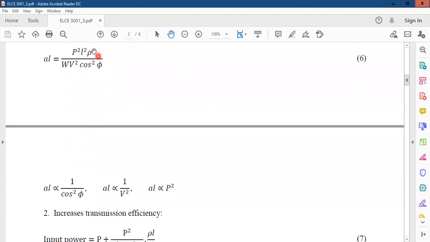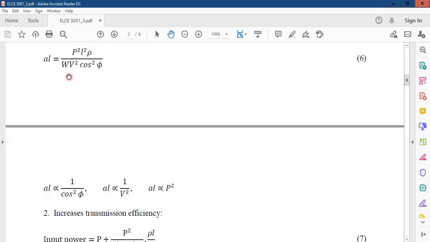Now, from this equation, we know that the volume of the conductor will be reduced by increasing V, by increasing the voltage. If we increase the voltage, this value will be reduced.